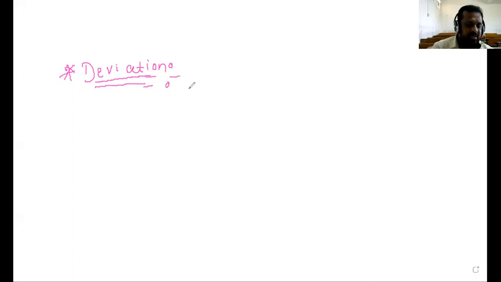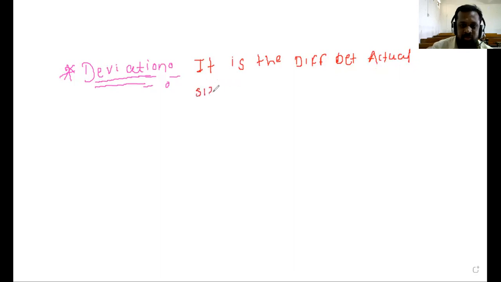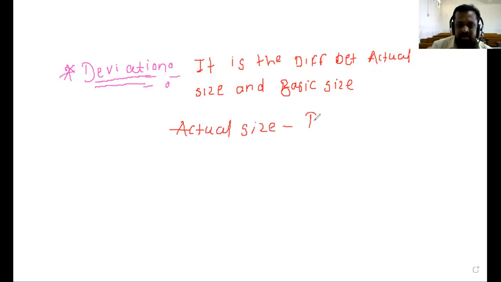Deviation is nothing but the difference between actual size and basic size. It is called the deviation. Please remember, deviation is the difference between actual size and basic size.